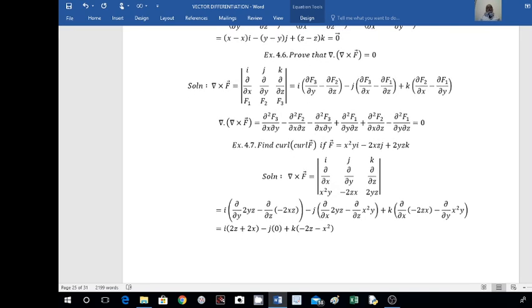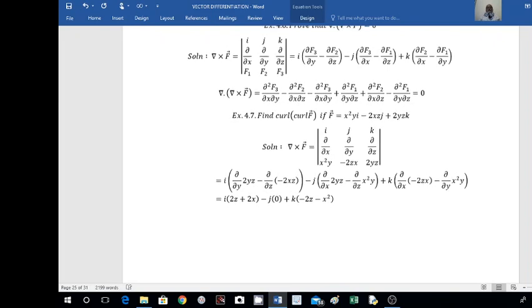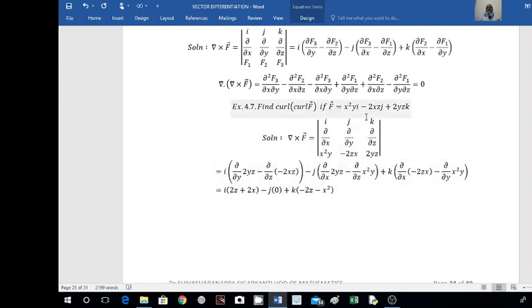Find curl of curl f if f equal to x square y i minus 2xz j plus 2yz k. First I will find out del cross f. i, j, k, dou by dou x, dou by dou y, dou by dou z, x square y, minus 2xz, 2yz. So expanding this, i into dou by dou y of this is 2z, minus of minus is plus, dou by dou z of this is equal to 2x.